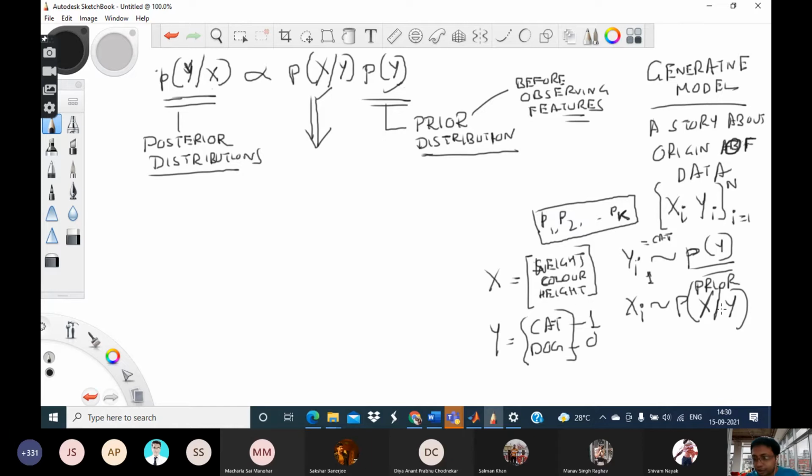So basically I do two rounds of sampling. I sample the label first from the prior distribution, and then based on that sampled value, I sample the features from a distribution which I also call the class conditional distribution.